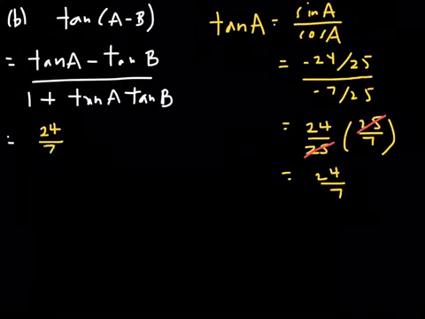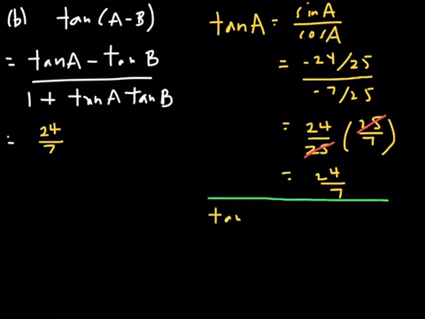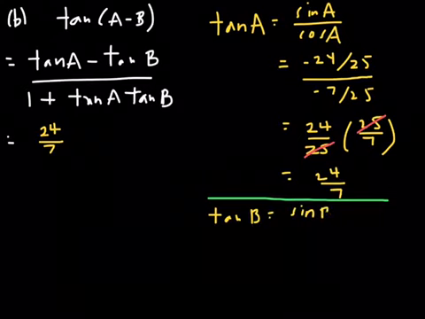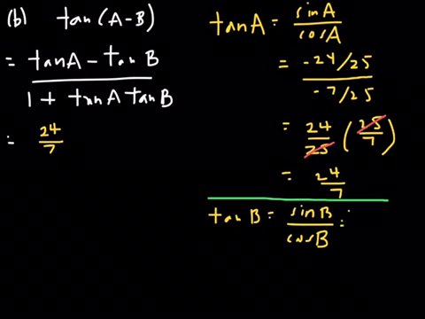All right, cool. What about tangent of B? Tangent of B is equal to sine of B over cosine of B. Now, sine of B is given, it's negative 3/5. And that's negative 3/5 right there.